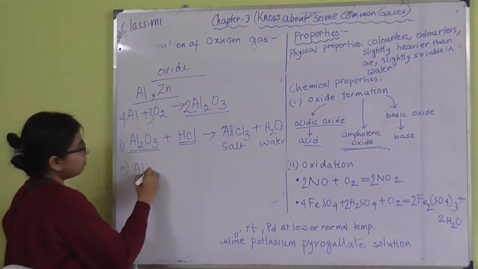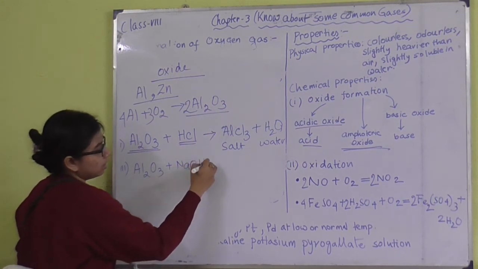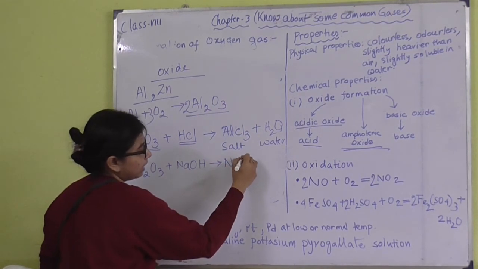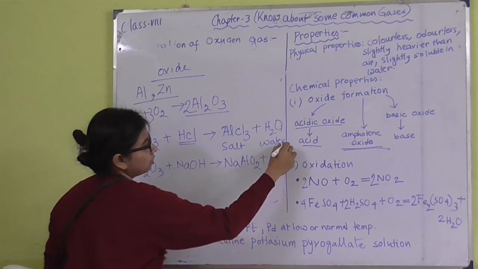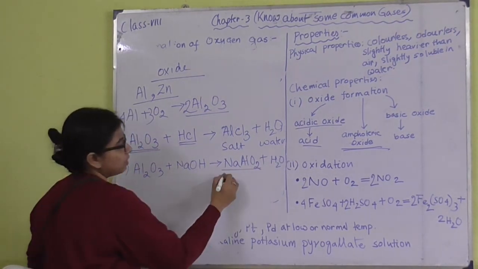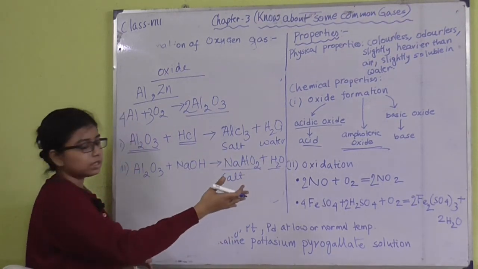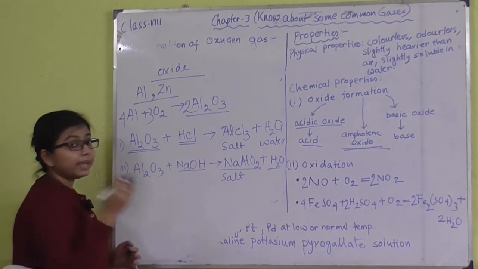Now if we make the reaction of Al2O3 with NaOH, then we can see the formation of NaAlO2 plus water. NaAlO2 is sodium aluminate, which is a salt, and water. Simply salt and water formation are taking place here, and here we have taken NaOH.